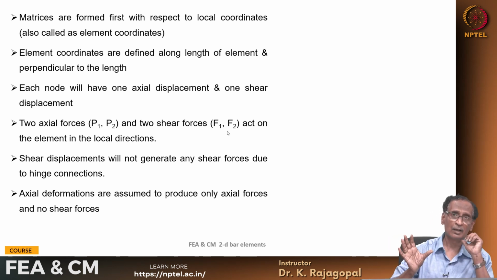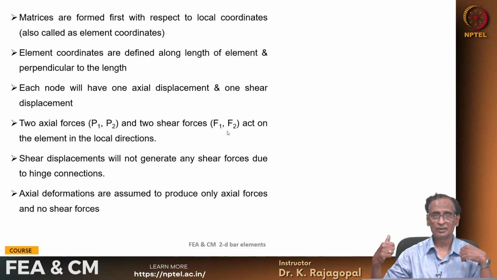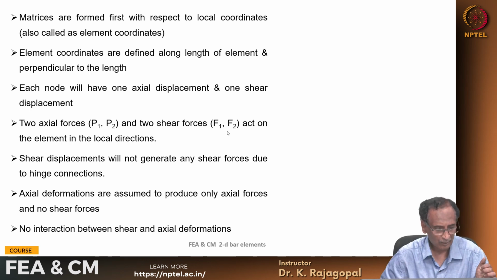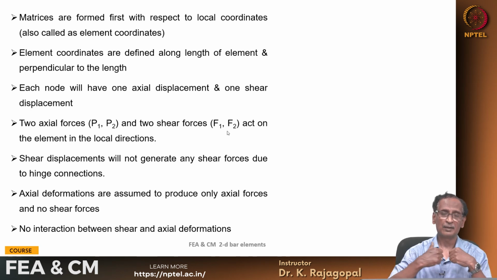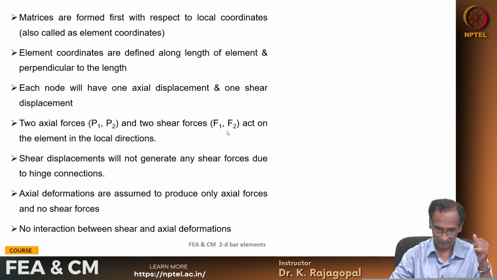Basically we are saying that all our deformations are so small that axial deformations only produce axial forces. There is no interaction between the shear and axial deformations. If you apply some shear deformation, you will develop only shear forces but no axial forces. Similarly, when you apply an axial deformation, we will develop only axial forces but no shear forces.